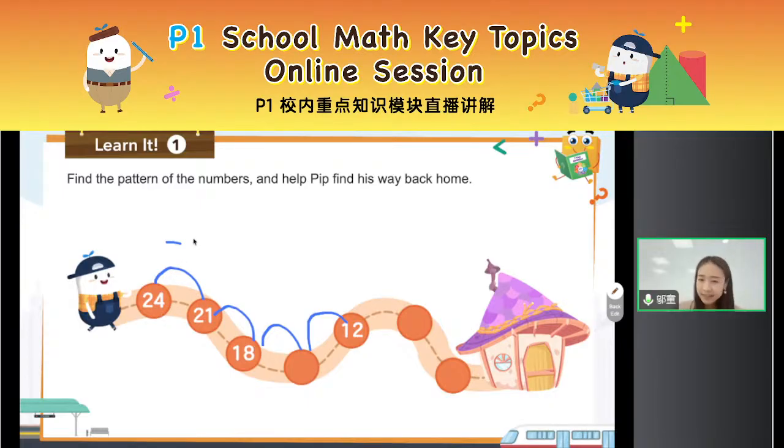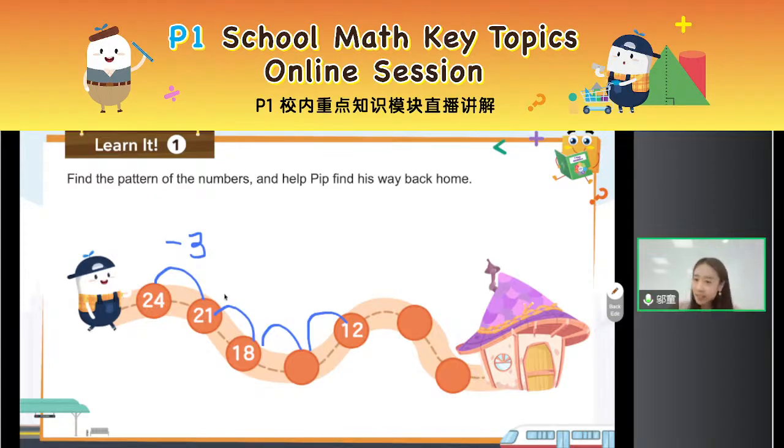How many do we minus? What is the difference between the two numbers? We do a quick calculation. What is 24 minus 21? Yes, that's a very simple question for us. We can minus 3 to arrive at the next one.